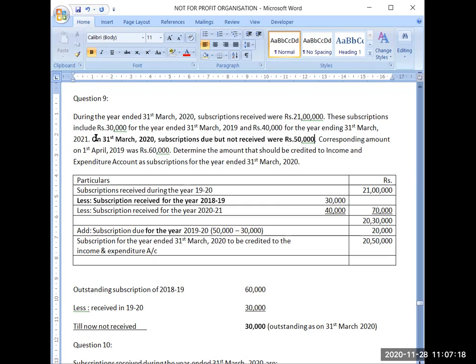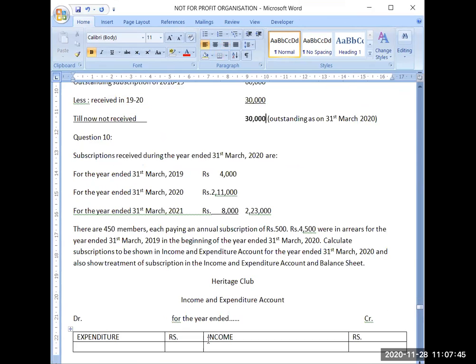But because the word used is on, so on 31st March 2020, actually two amounts are outstanding now. One is this 20,000, that is of the current year, and one is this 30,000, that is of the last year. So that's why it is becoming 50,000 outstanding as on 31st March. This point is to be noted carefully, and you have to be careful regarding this language given in the question. Okay, now we will practice another question.